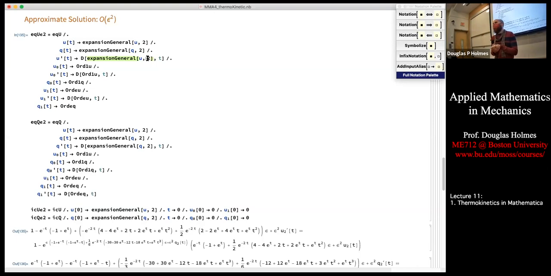The other thing is some of the stuff is not too bad to do by pen and paper, but I don't remember how to do the Taylor series expansion of an exponential function off the top of my head. And so I'm going to have to go look that up somewhere.